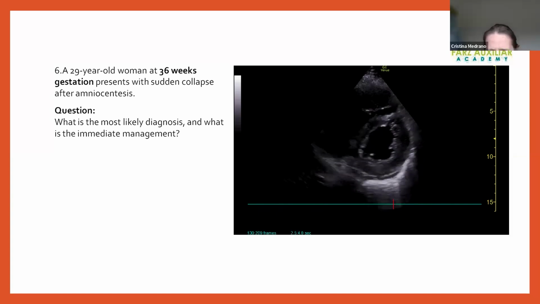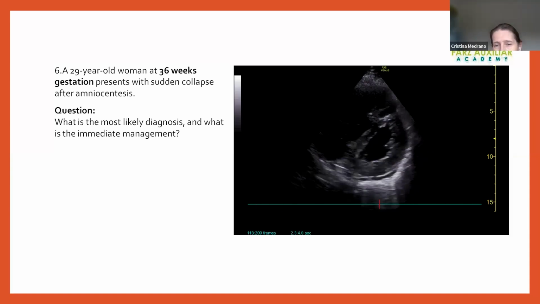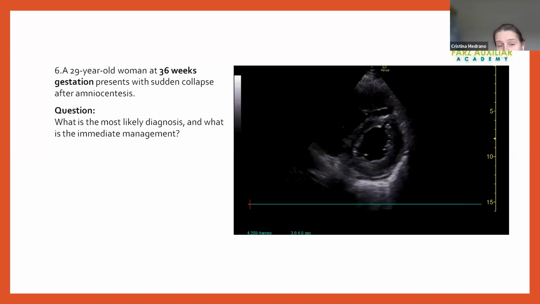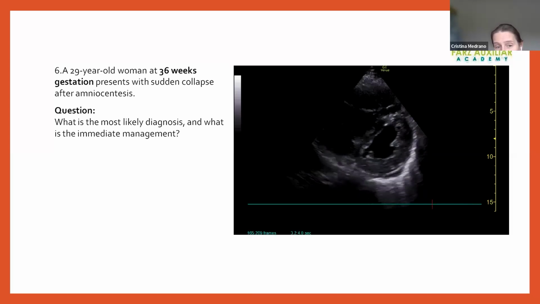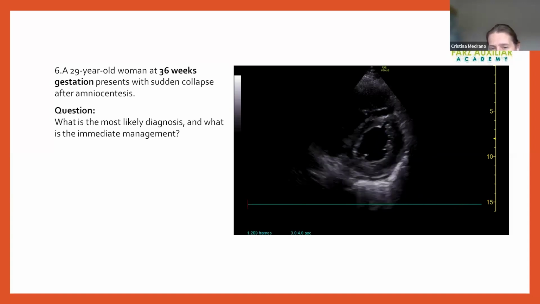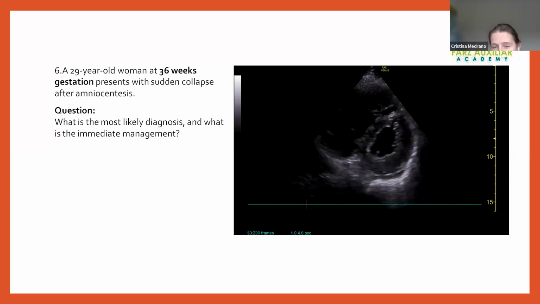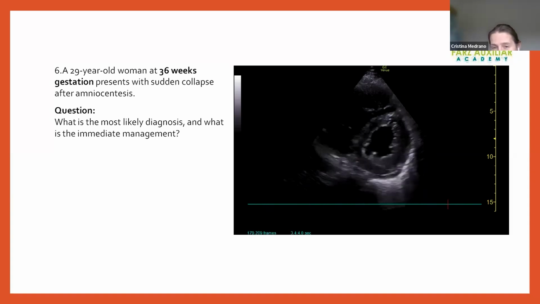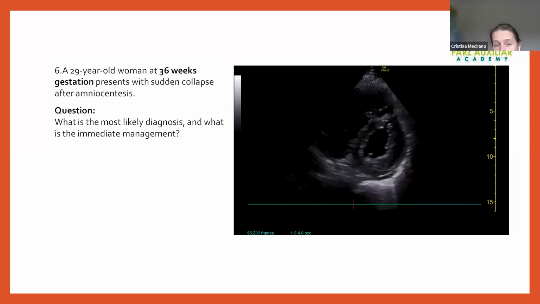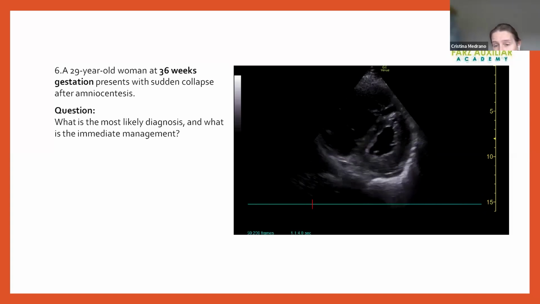And you can see in the right ventricle how it's pushing the wall to the left ventricle. I think the immediate management is to intubate the patient, support ABCD, and sometimes you need to use inotropes, and maybe deliver, yes, cesarean section, and support.